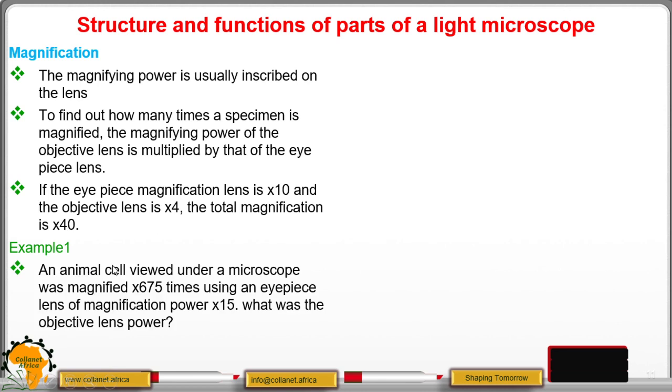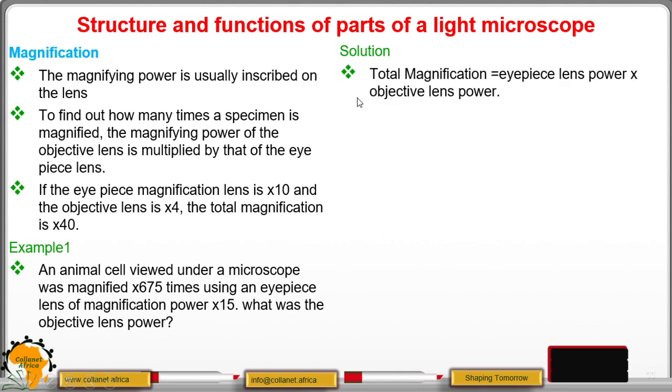Example: if an animal cell viewed under a microscope was magnified 675 times using an eyepiece lens of magnification power times 15, what was the objective lens power? It's very simple. Let us look at the solution.